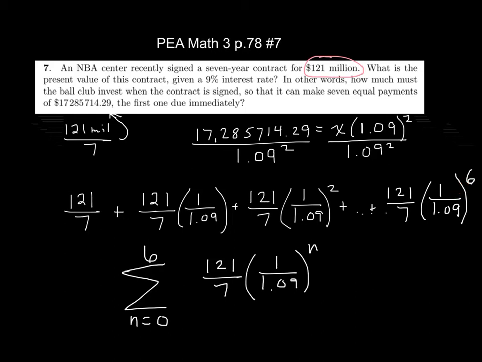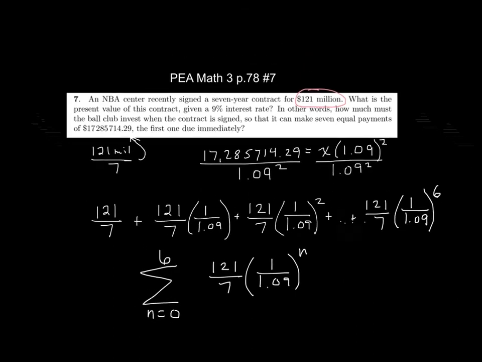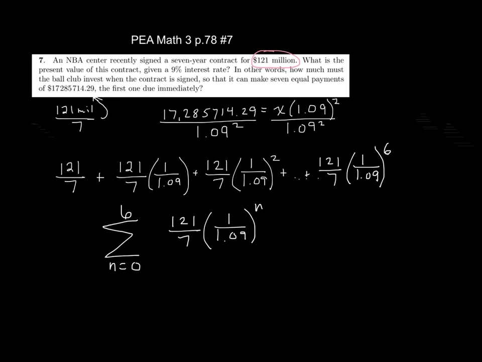Okay, so now, longhand, this equals, all right, so we go back to our formula, which is the ugly formula, but we go 121 over 7. So we do our explicit formula.